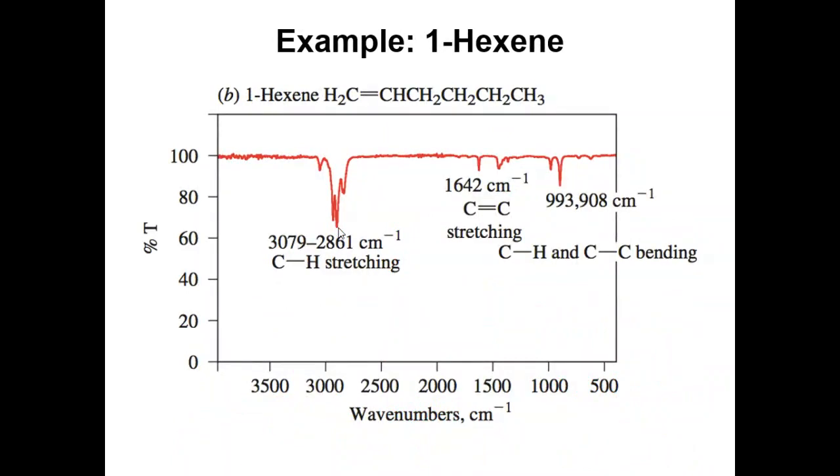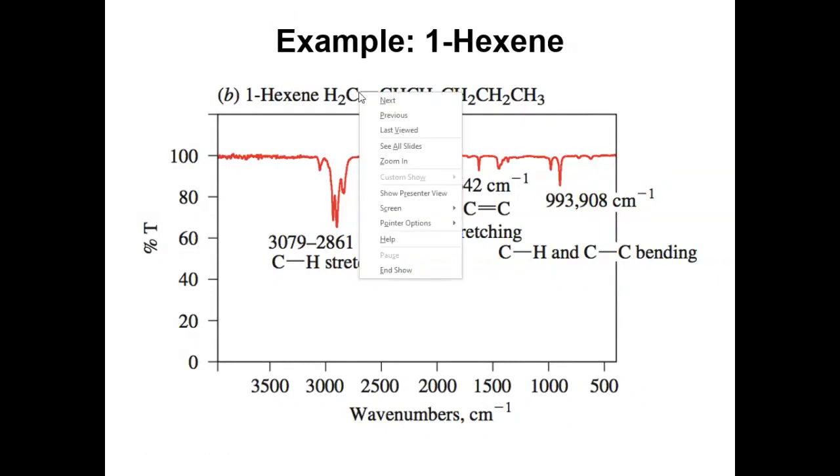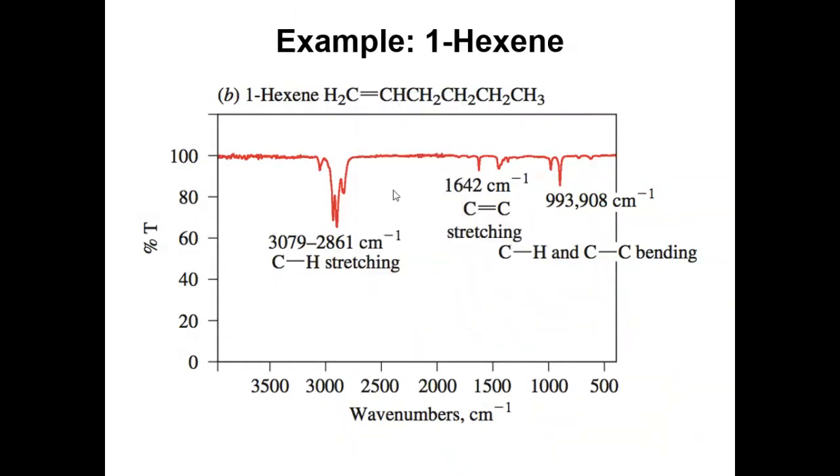Okay? Now, if you look at this one, it's a hexene. If you look at the functional groups, you have a C=C double bond, and you have the vinyl CH bond, meaning the CH bond connected to an sp2 hybridized carbon. So you have CH bound to an sp2 hybridized carbon and CH bound to an sp3 hybridized carbon.